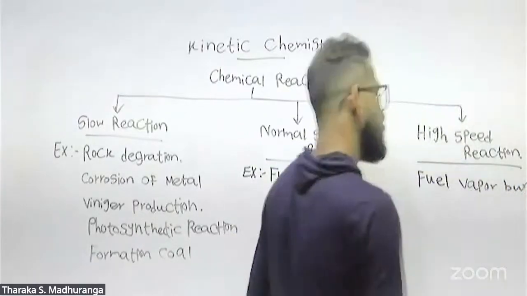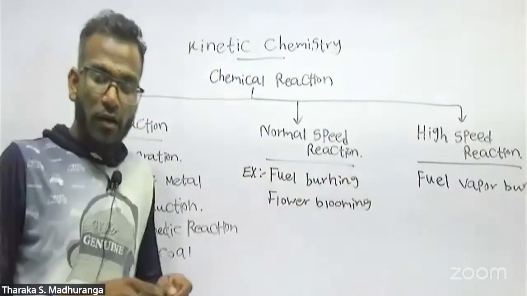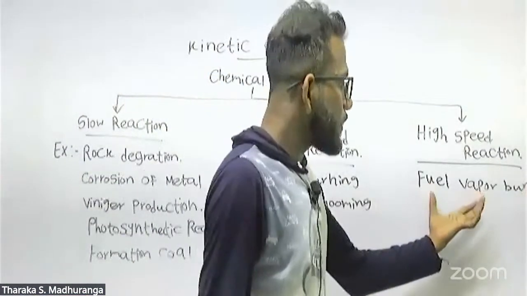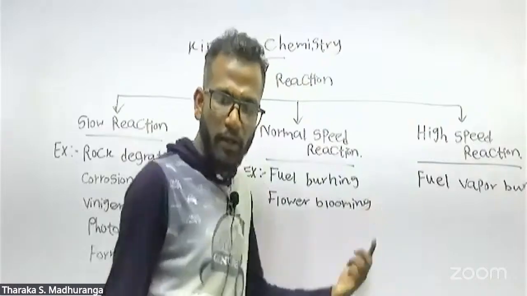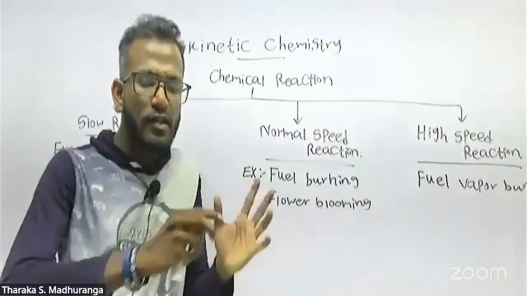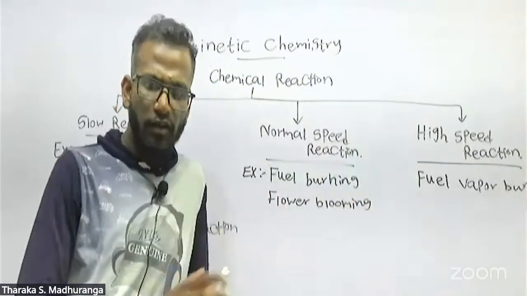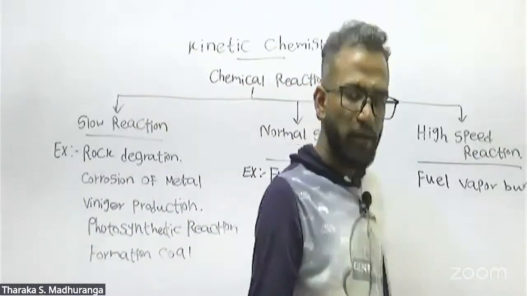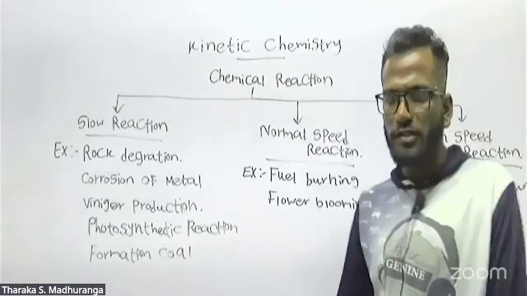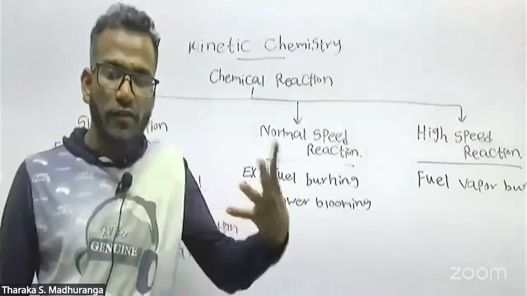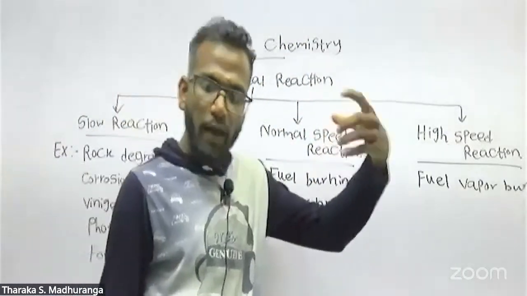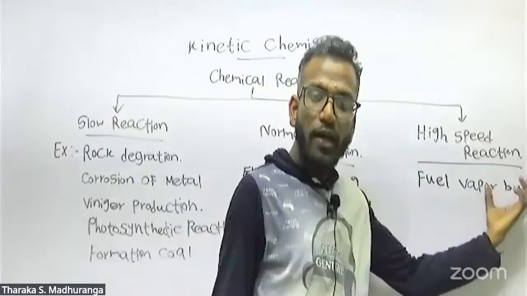Remember, in our syllabus, fuel burning means petrol or diesel burning, and that is a normal speed reaction. In an engine, what happens? In a petrol engine, the carburetor produces an air fuel mixture.